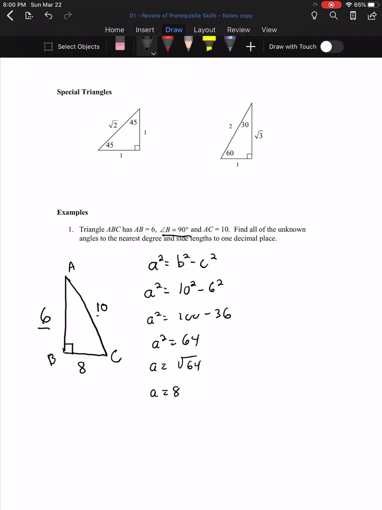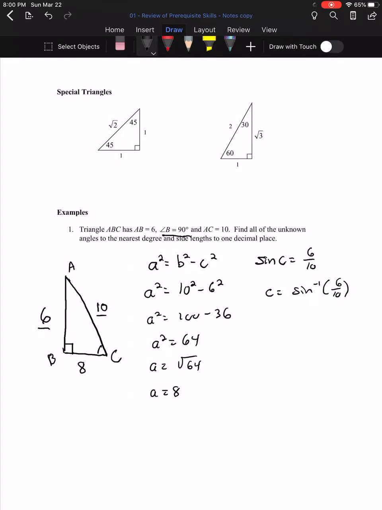I'll just use the sides that were given in the beginning, and I'll go after angle C right there. For angle C, we've got opposite and hypotenuse, so sine of C is opposite over hypotenuse. If I want that angle, I've got to go sine inverse of 6/10.